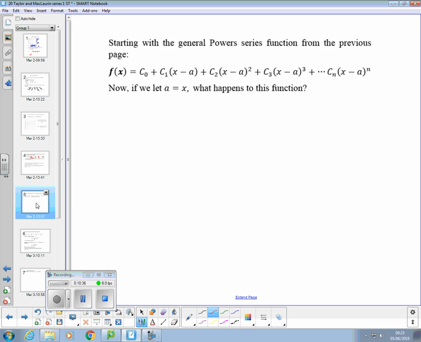Starting with the general power series function from the previous page. So we've got... now if we let x equal a, what happens to that?